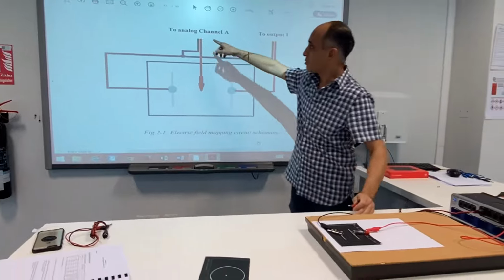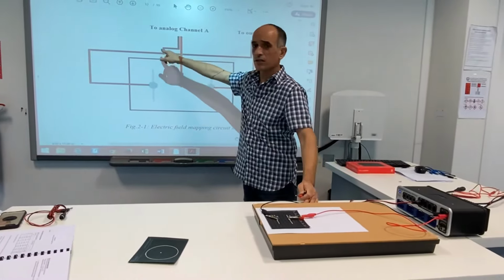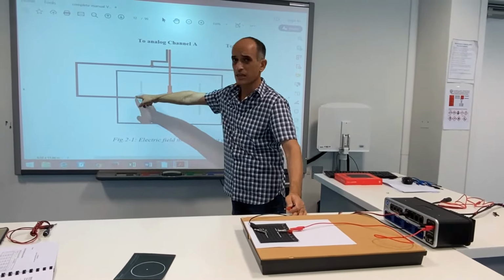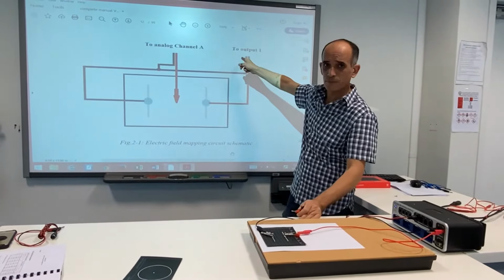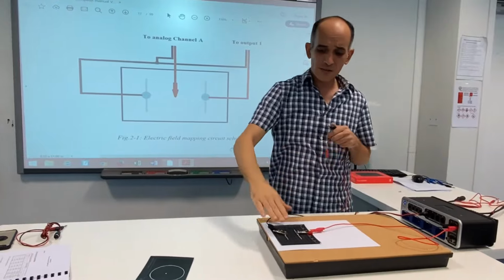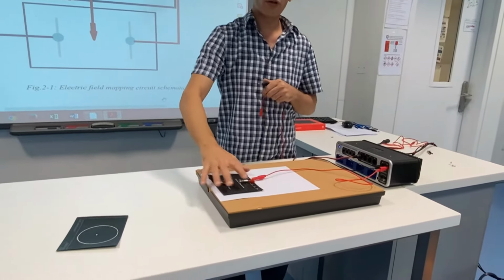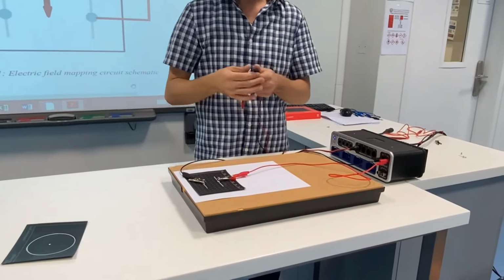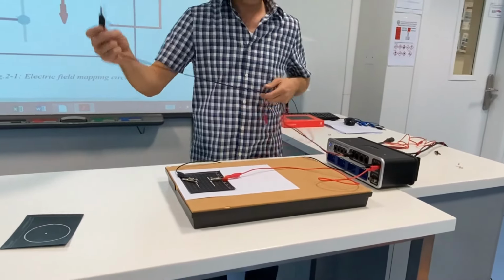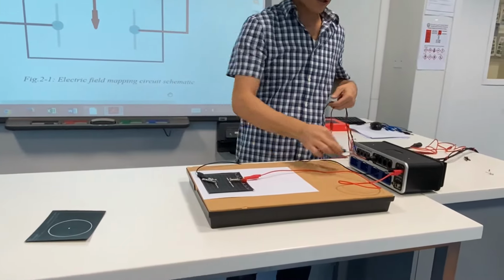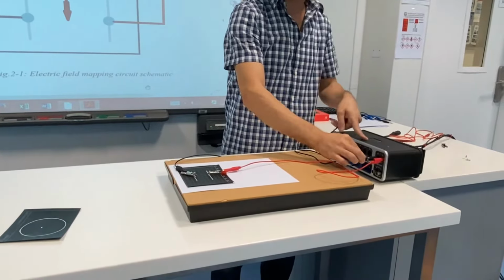When you see something like this, a wire connected to the middle of another wire, this means that you can connect it either on this end or on the other end. In this case, because this connection here is delicate, we want to avoid making any connection here. So I'm going to take the black of the voltage sensor and connect it to the other side of this wire. I'm going to connect it right here.